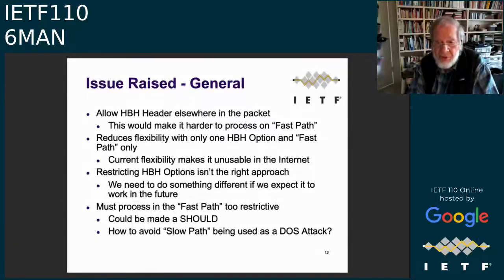But we do have the issue that, if you do allow them to go to the slow path, how do you avoid this becoming used as a denial of service attack? If you keep them in the fast path and you only process the ones that you are configured to do, then I think the router is pretty well protected against a denial of service attack, because you should be able to do that processing at speed. Next slide.